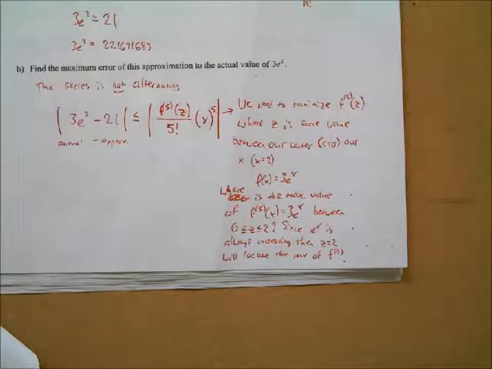We're not guaranteed a particular maximum at a particular location, right? We're guaranteed a particular maximum error here. We have to figure out where it's going to be, again, using the function, or in this case, the fifth derivative of the function.